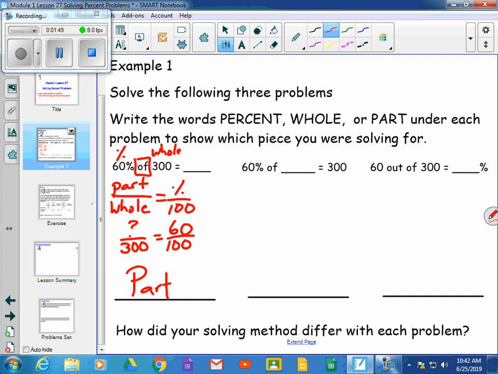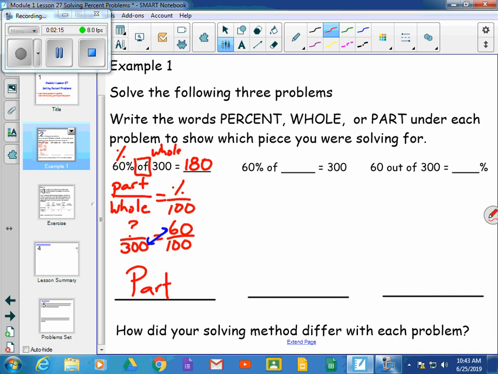I can then cross multiply and divide. I'm going to cross multiply these two that are given first. 300 times 60 is 18,000. And then I'm going to divide it by 100. So 18,000 divided by 100 is 180. 180 is 60% of 300.